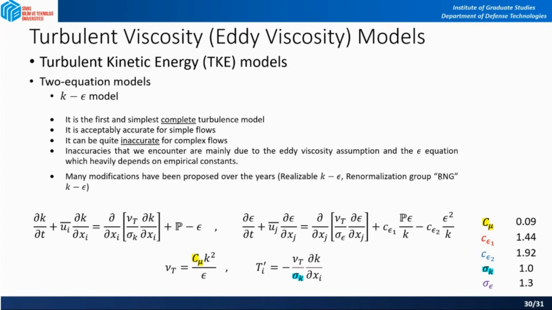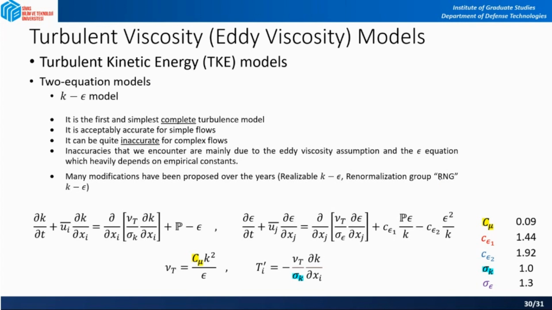After the proposition of this model, people started to do experiments to see if the constants need to be modified or not. And for very fundamental turbulent flows like grid turbulence, simple shear flow, boundary layer, and so on, they saw some deficiencies of this model in some specific physical flows, and they made corrections to these constants. Therefore, if you choose this model in your commercial CFD code, these corrections are already implemented, and there is a list of default coefficients, and you can play with those to match your results.